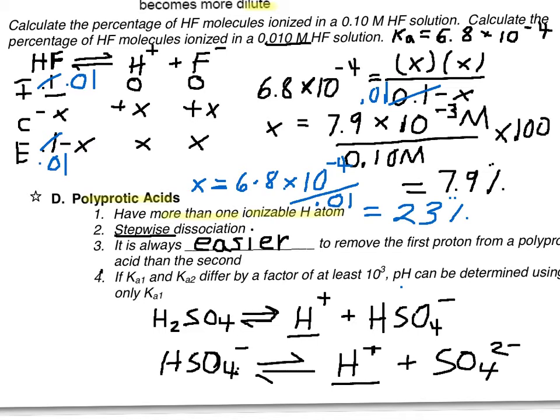So that means that this first reaction, the first stepwise dissociation, is going to occur a lot further to the right than the second one. The second one is not going to occur as far to the right because it's harder for it to lose its hydrogens. As a result, the Ka value for the first reaction is going to be a lot higher than the second one is going to be.